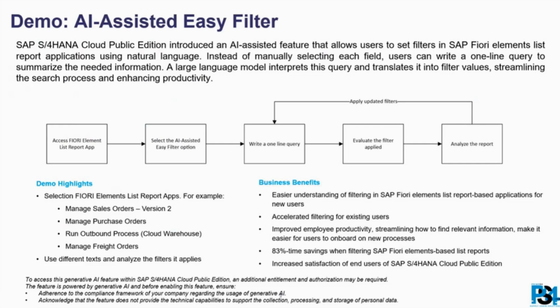So in this specific feature, we can write a query in certain SAP Fiori element list report applications, and a large language model or natural language model interprets this query and applies the filters. So this is what we are going to showcase.